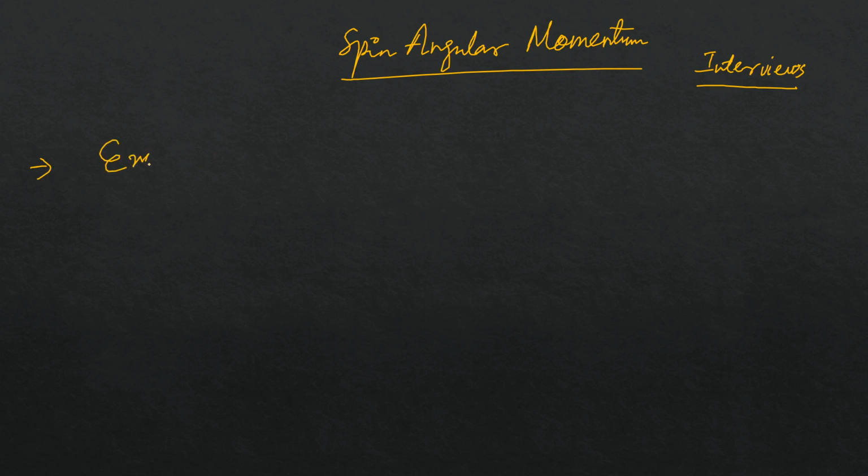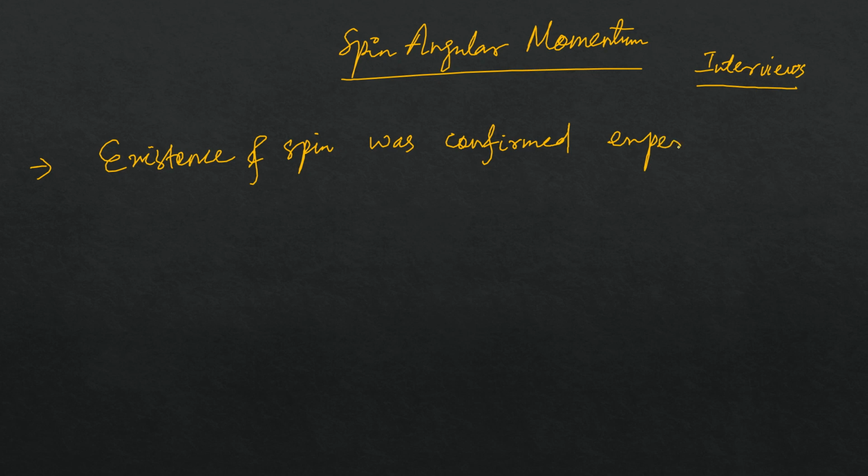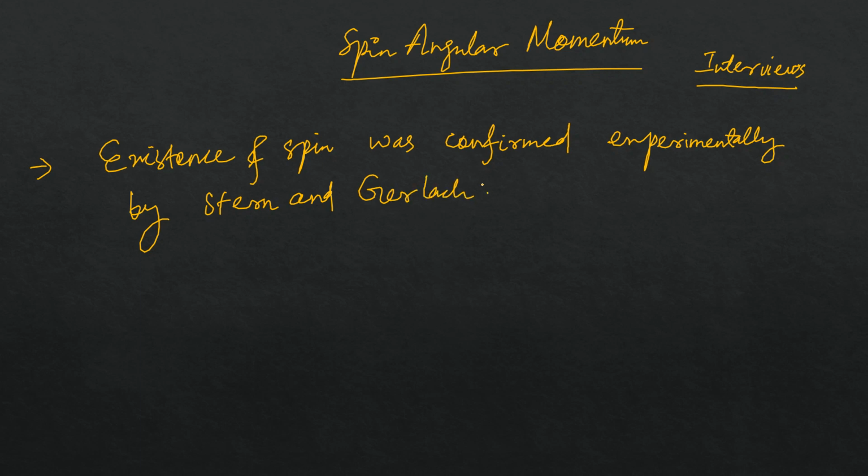So, the existence of spin, how spin came into the picture. The existence of spin was confirmed experimentally by Stern and Gerlach.